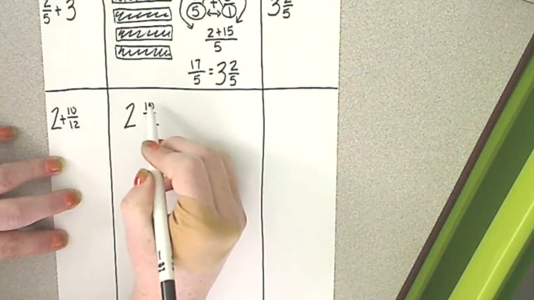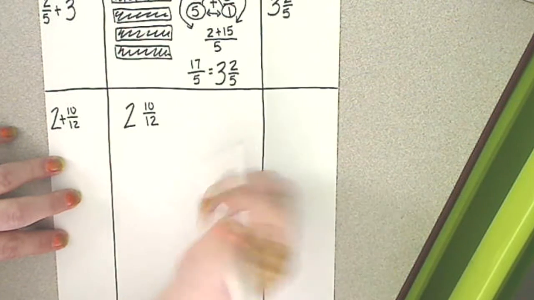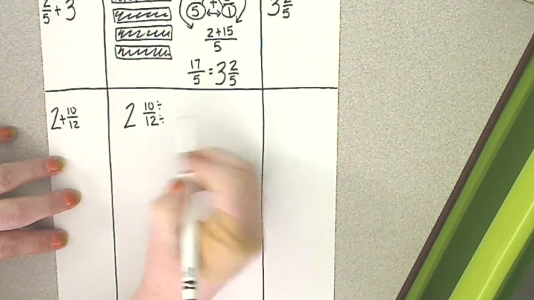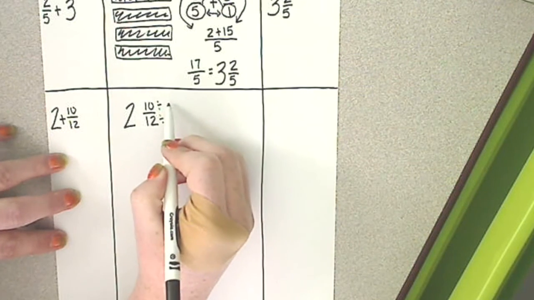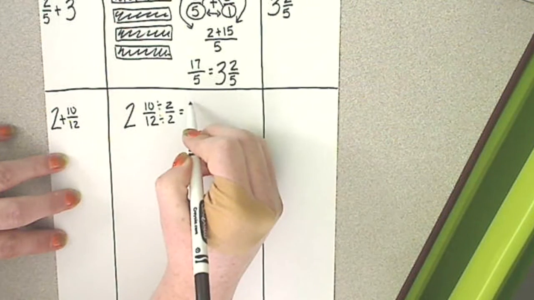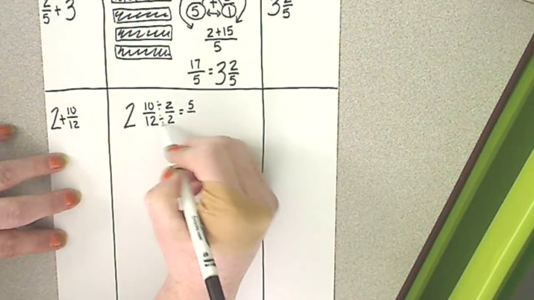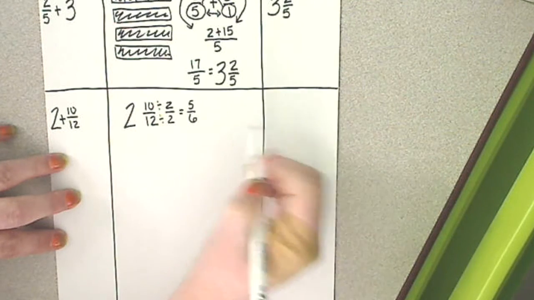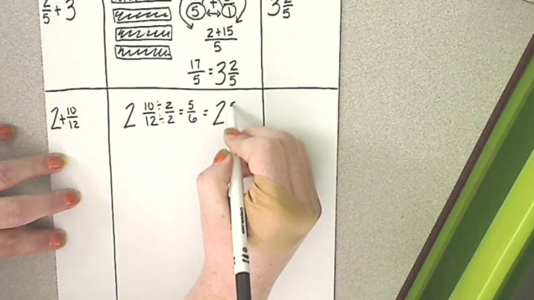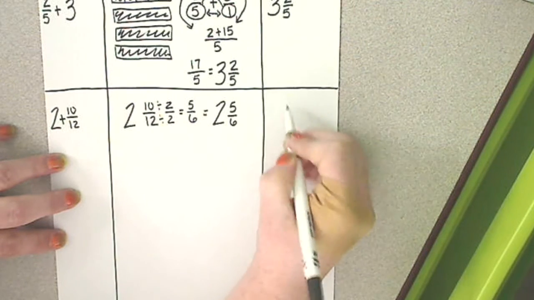I have 2 wholes, I added 10/12 to it, so 2 and 10/12 is my answer. But I can reduce the fraction. So I'm going to divide both of them by 2. 10 divided by 2 is 5. 12 divided by 2 is 6, which leaves us with a final answer of 2 and 5/6.